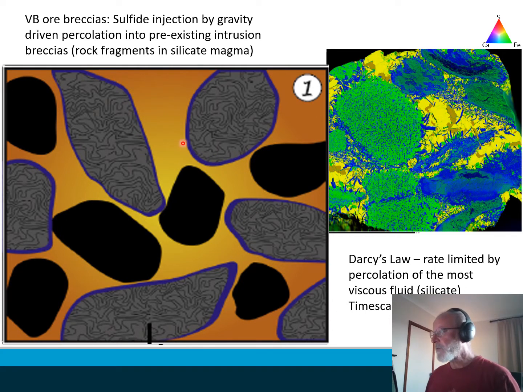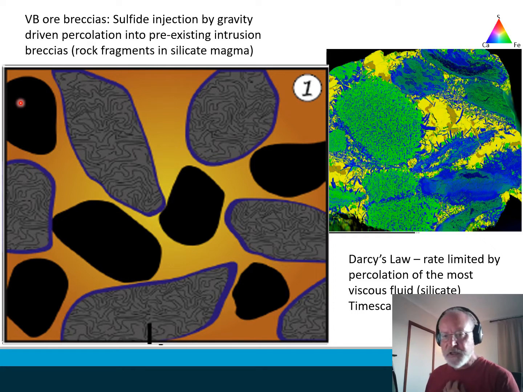So how do we think they formed? Well, this is a little cartoon sequence suggesting how we think it might have happened. I think the original rock here was actually a pure silicate breccia, made up of fragments of country rock hornfels and fragments of host rock peridotite, so fragments of olivine cumulates which are derived from somewhere else within the magmatic network.